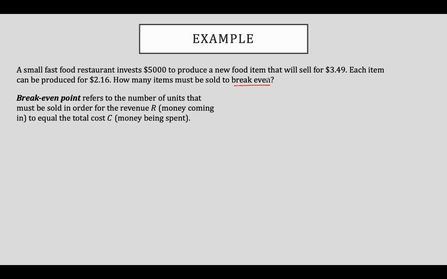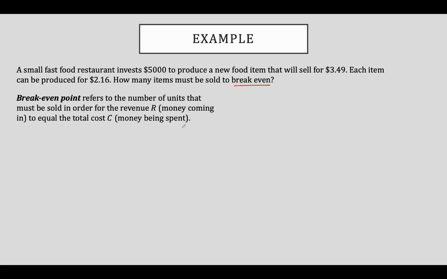The break even point refers to the number of units that must be sold in order for the revenue, R, that's the money coming in, to equal the total cost, C, that's the money being spent. So where our revenue is equal to the cost.